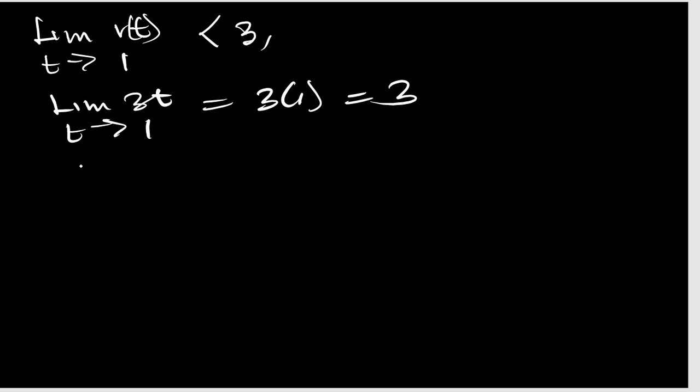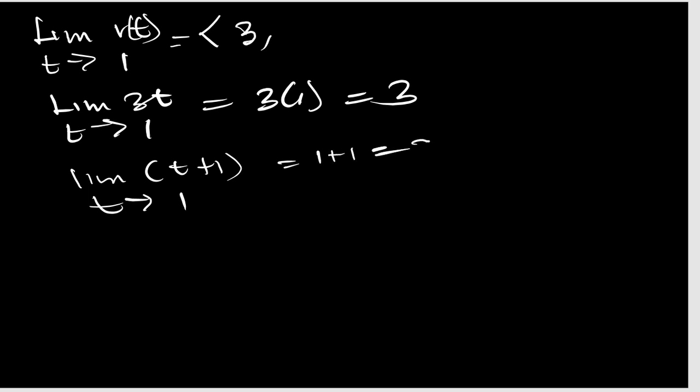And then the limit of t plus 1 as t approaches 1 will just be 1 plus 1, and that will yield 2. And then the limit of t squared, the last component function, as t approaches 1 will be 1 squared, which is still 1.